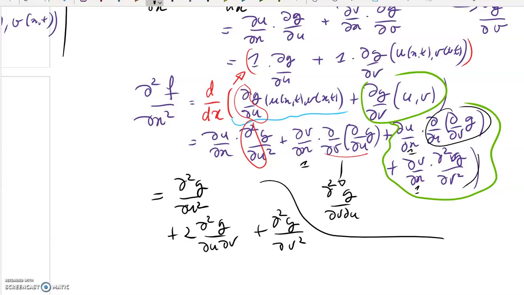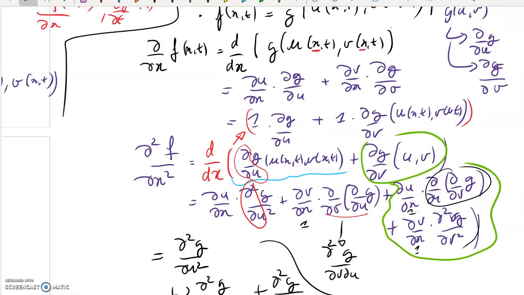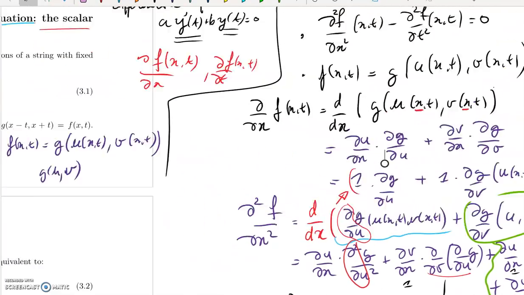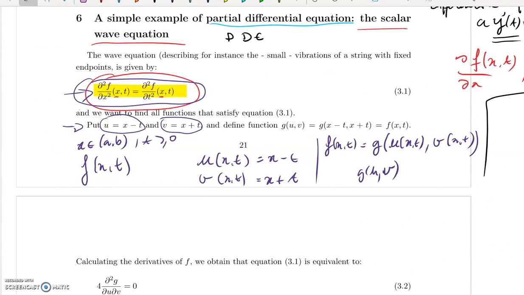Okay, so this is what the left-hand side of our equation, here, that one, looks like. See where I'm getting at? We should do the same thing for the right-hand side.